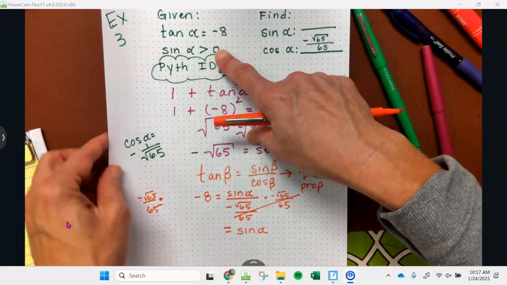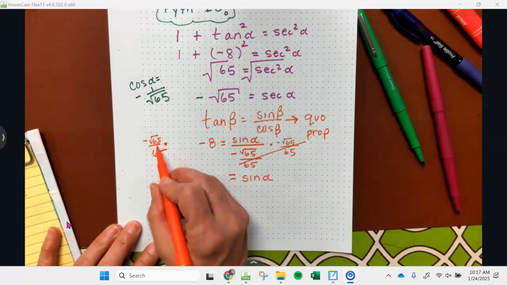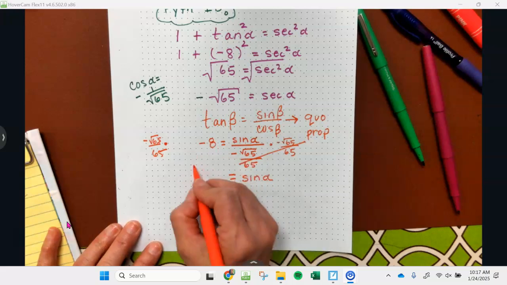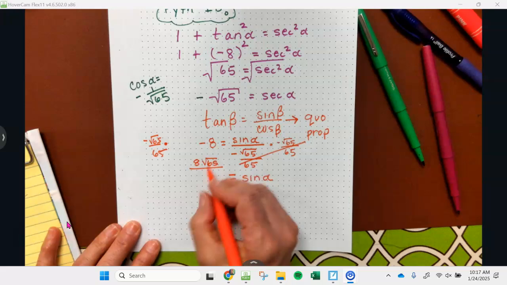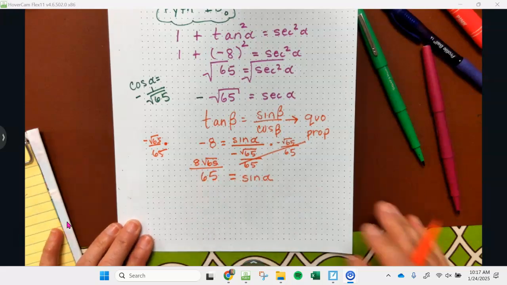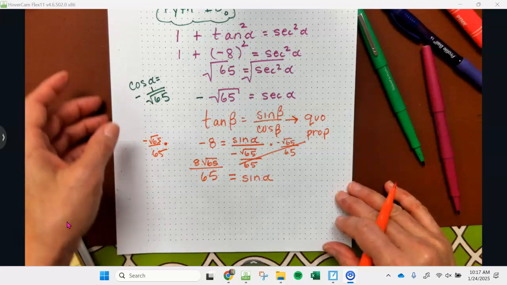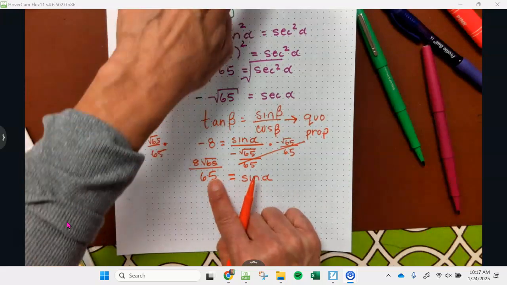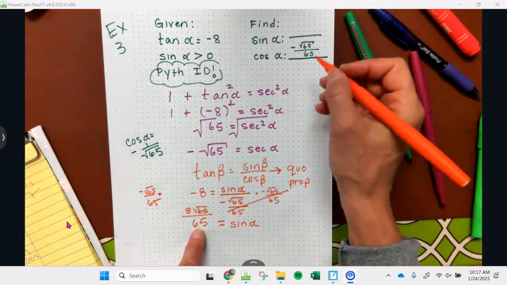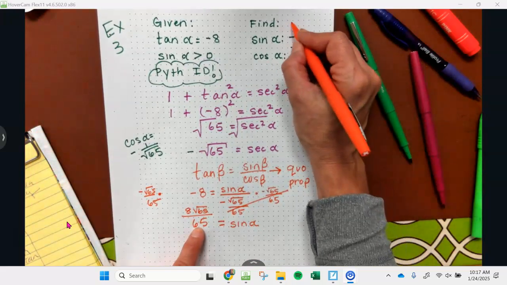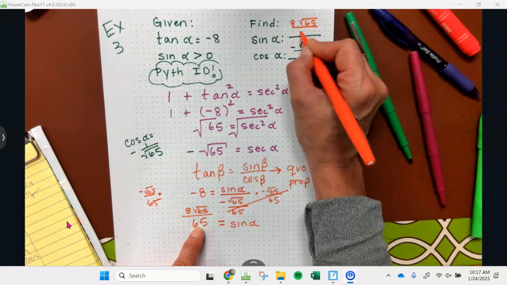We're going to have a positive answer for sine, so our work is looking pretty good. So negative root 65 times 8, that's just a root 65 over 65. Nothing else can be simplified. You don't have to rationalize any denominator. I'm just going to copy this in my blank up here. So this is going to be 8 root 65 over 65.